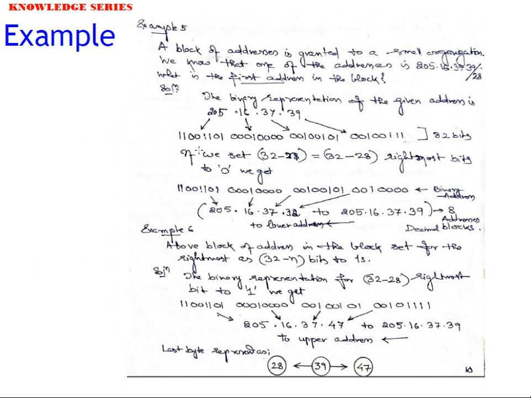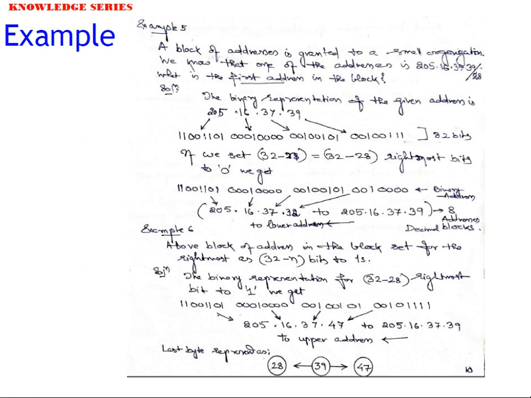So here we represent it in binary representation, the binary representation of all the values. In class C, these are the net ID, net ID, net ID, and this is the host ID. Since that is clear, what is the slash value?